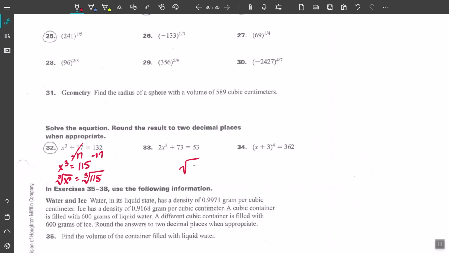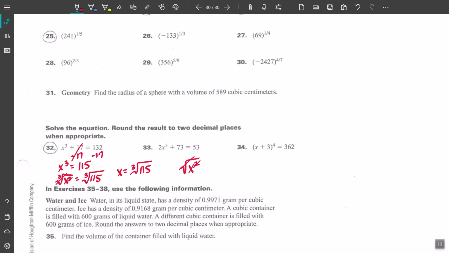We'd have the square root of x squared, the radical and the square canceled each other out. The same thing is going to happen here because we have a cubed root now and we have a 3 exponent. They'll cancel each other out. They undo each other. And so we end up with x equals the cubed root of 115.